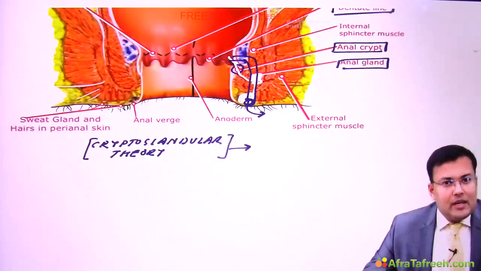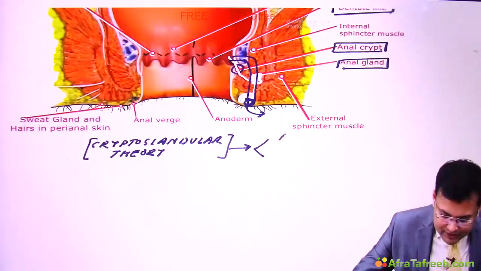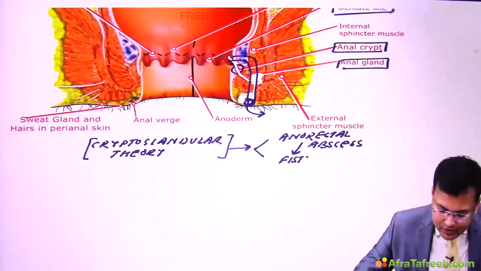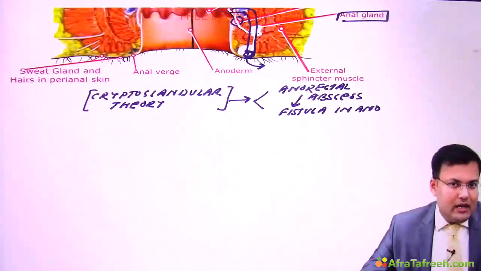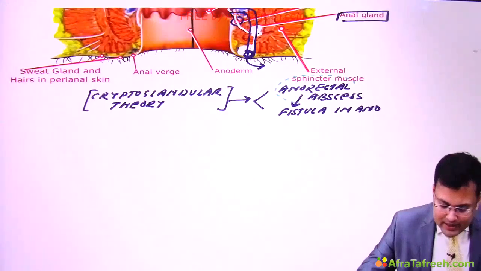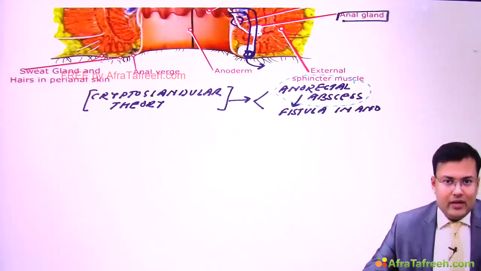And if this anorectal abscess is not treated properly, it can convert into fistula in ano.